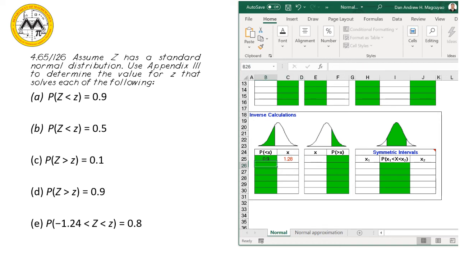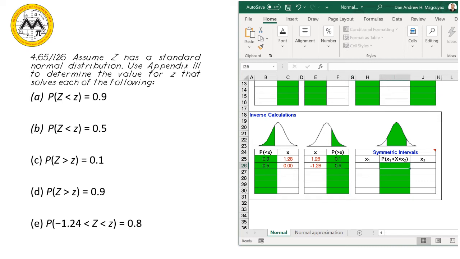To the left of z is 0.5, so if the area is 0.5, z is 0. For greater than z is 0.1, so greater than, to the right, it is again 1.28. If it is 0.9, so greater than z is 0.9, it is negative 1.28.